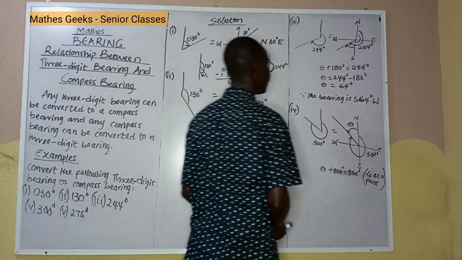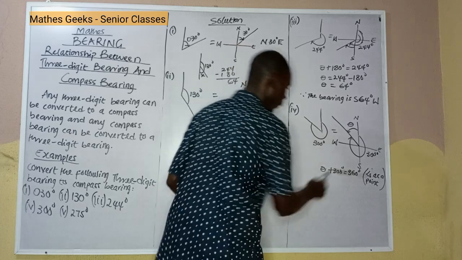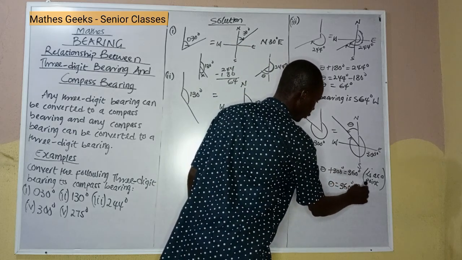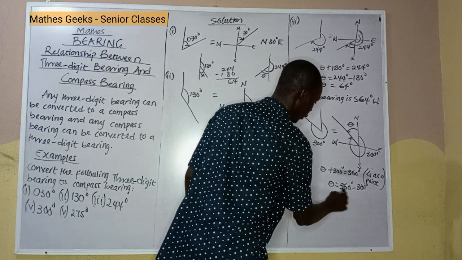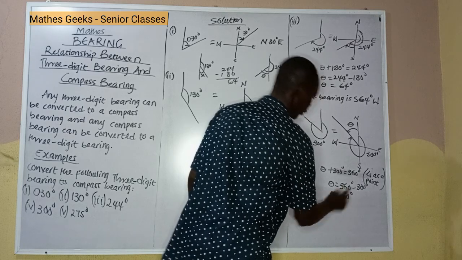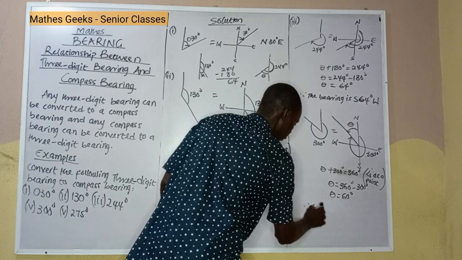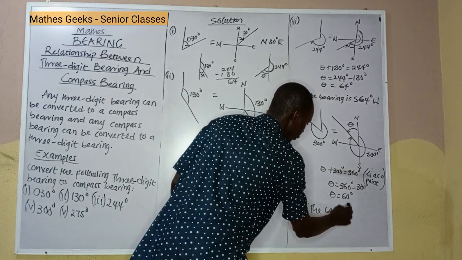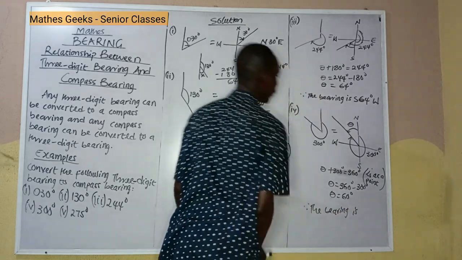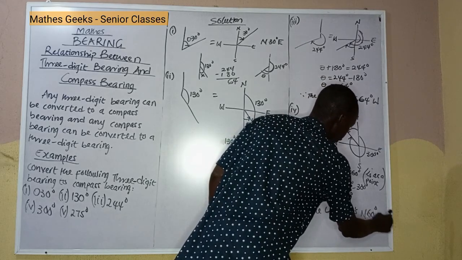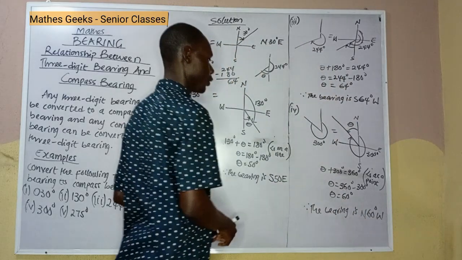Okay, so theta is equal to 360 degrees minus 300 degrees. Theta is equal to 60 degrees. So this angle here is 60 degrees. So therefore, the bearing is north 60 degrees west. That's the bearing.